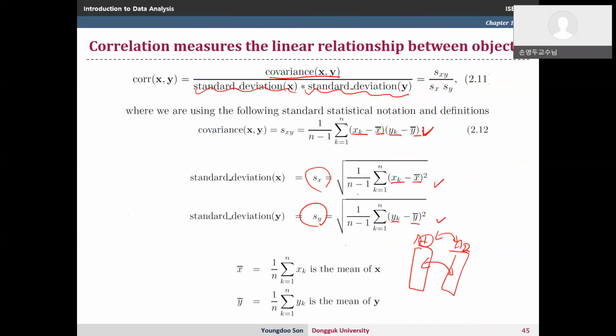The next one is correlation. Correlation also can be used as one of the similarity measures. So I think you already studied the correlation in the probability class or stat class. So I will skip the detailed review for the correlation.